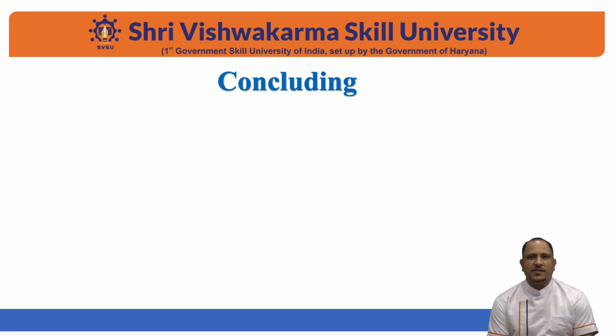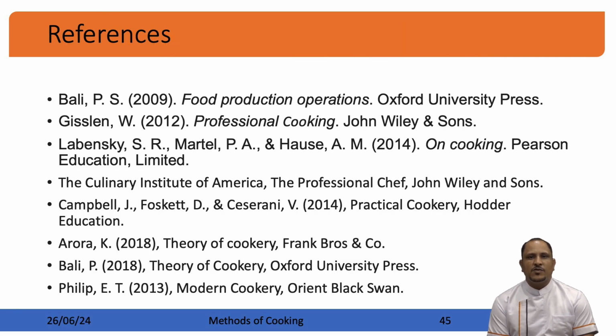What are the characteristics of food? Taste, texture, color, flavor combined with time and temperature. And what are the various methods of cooking, be it dry methods or moist methods, and inside dry methods, what are the various methods of dry cooking using the medium of fat or the medium of air. So this was it about cooking.